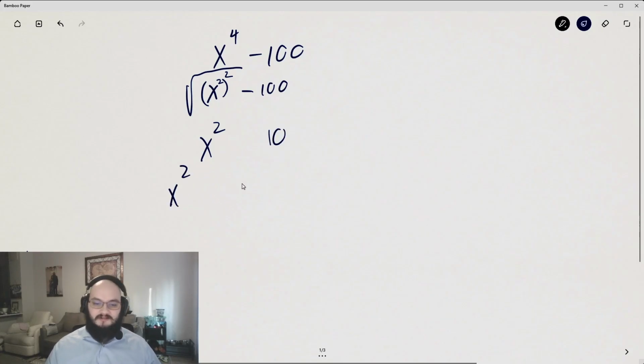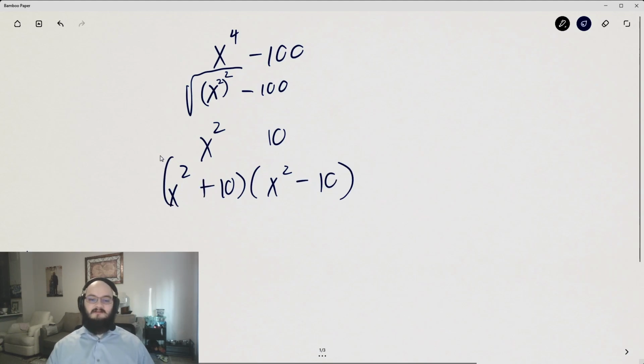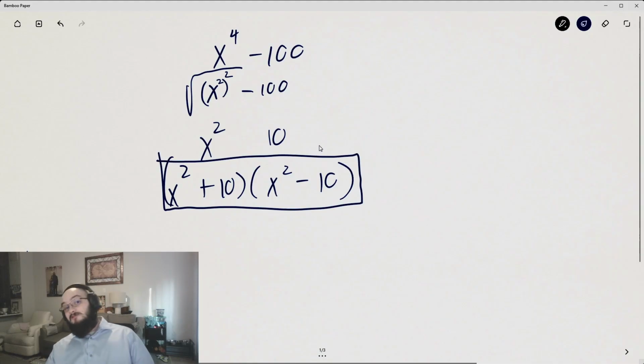X squared goes first in each of our factors, and 10 goes second in each of our factors. One of them's added, one of them subtracted, and we are done. It almost looks like we could continue because we have x squared minus 10, but 10's not a perfect square, so this isn't going to get factored out any further.